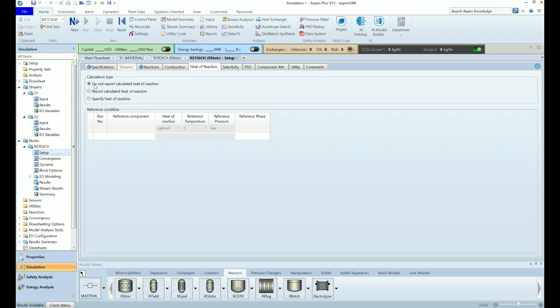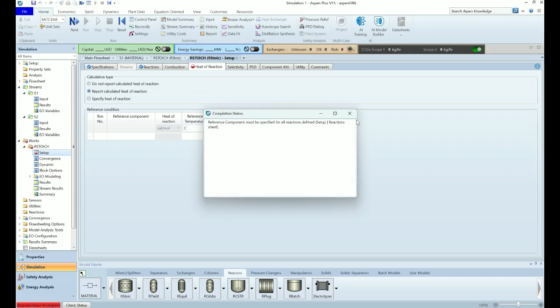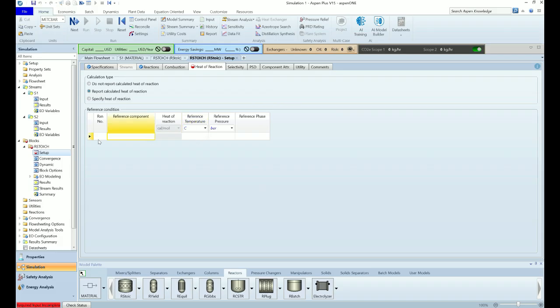We can check here to calculate and report the heat of reaction. And we must select a reference compound. We are going to select ethylene oxide for both reactions, so for reaction 1 and for reaction 2, and these are the standard conditions that we are going to select for predicting the heat of reaction.